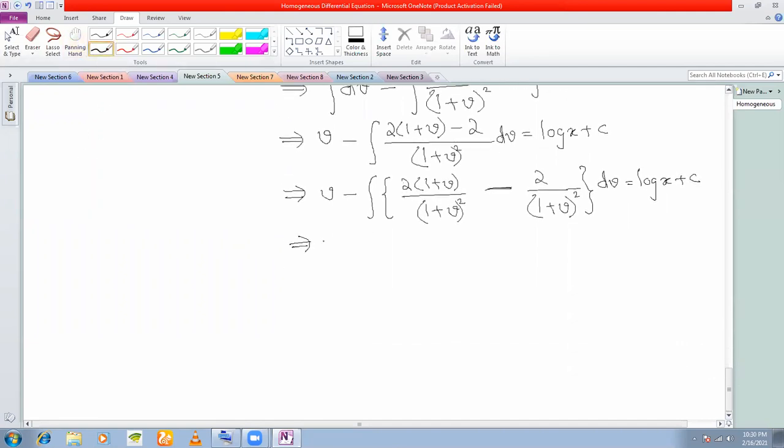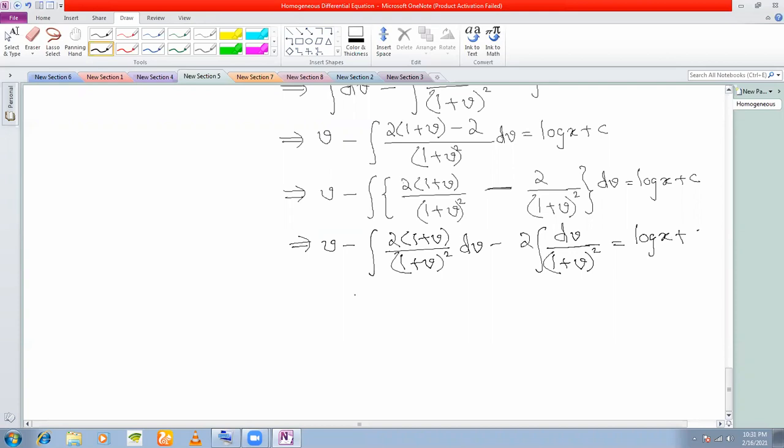Now you put v minus, you separate the integral, 2(1 + v)/(1 + v)² dv minus 2 integral dv/(1 + v)², right? Is equal to log x + c. That means what do you get here? v minus, see, this is the derivative of the denominator, right?